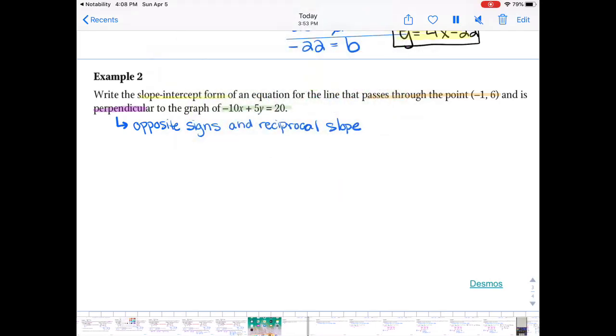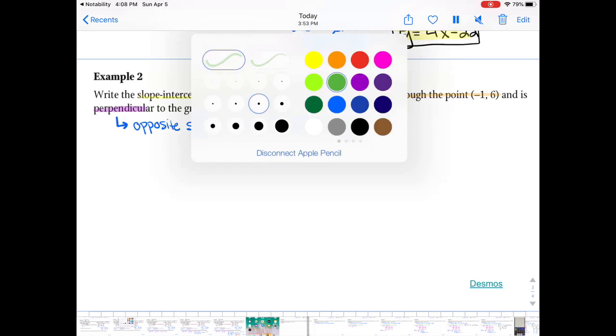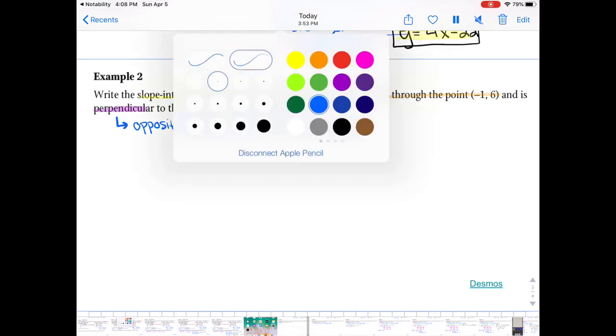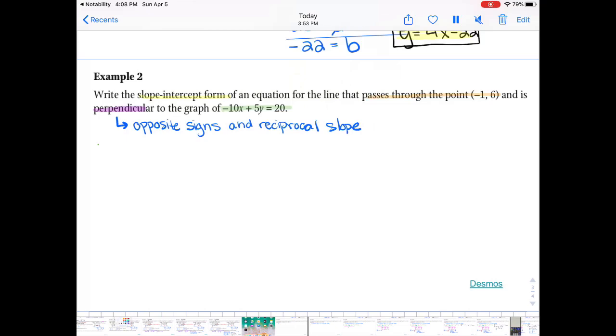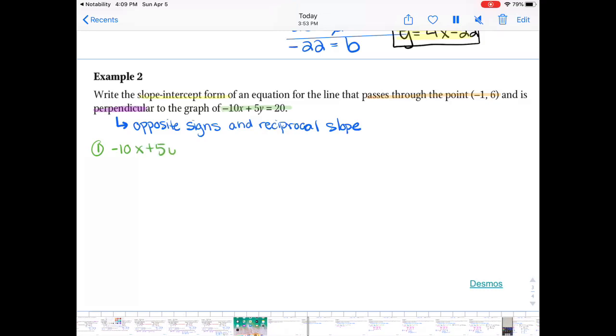So we're going to start off the same way. We know it's perpendicular to the graph of that line, -10x + 5y = 20. So we're going to take that equation, -10x + 5y = 20, and we are going to transform it into y = mx + b.